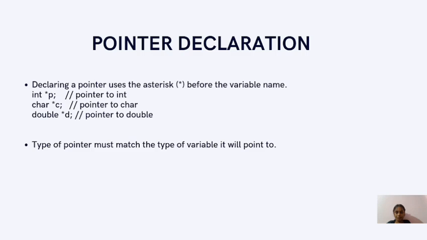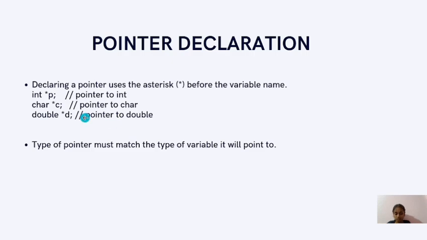Let's start with how to declare pointers in C. A pointer is declared using a star before the variable's name. For example, int *p declares a pointer to an integer. char *p is a pointer to a character. double *d is a pointer to a double.